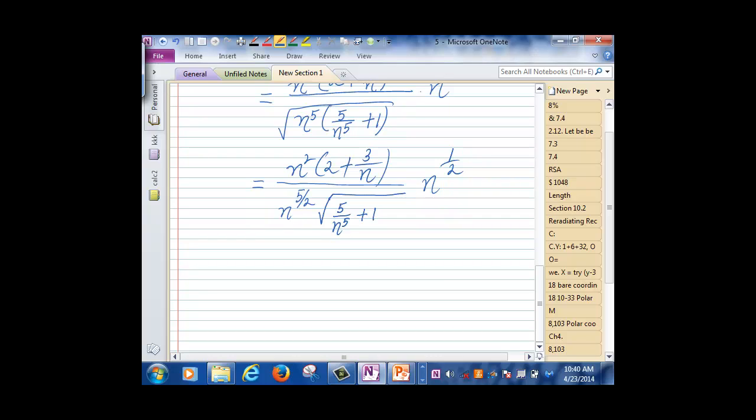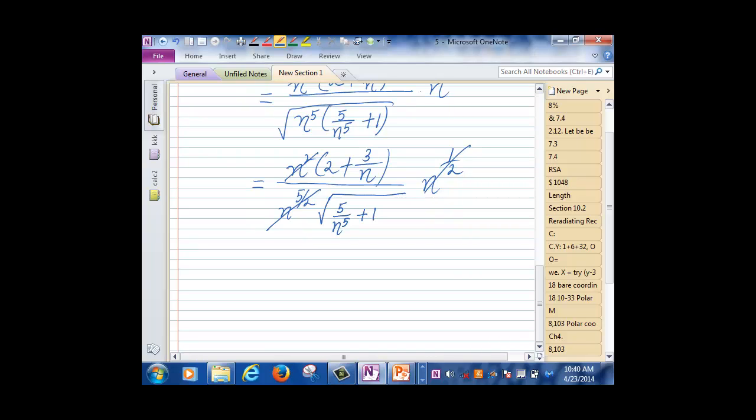Okay, so now what happens? You realize that n squared, n to the half, and n to the 5 half all cancel out, because n squared times n to the half is the same as n to the 5 half, right? So in the numerator I have n to the 5 half, and in the denominator I have n to the 5 half. Is everybody okay with that?